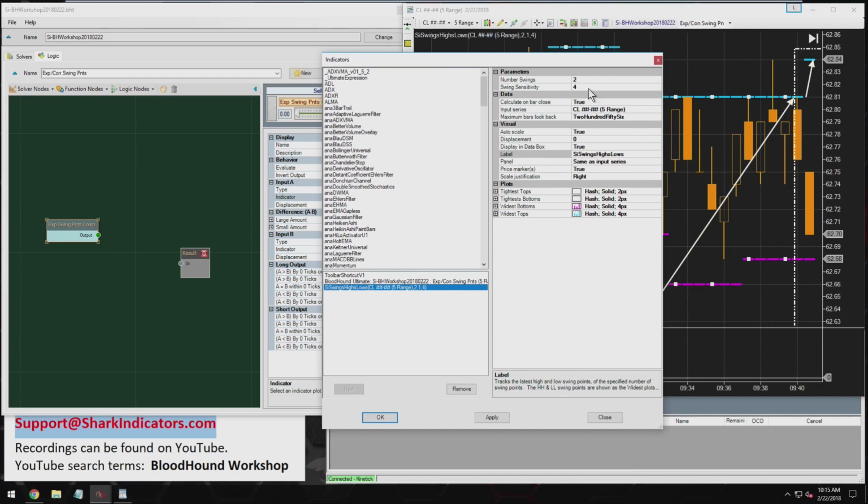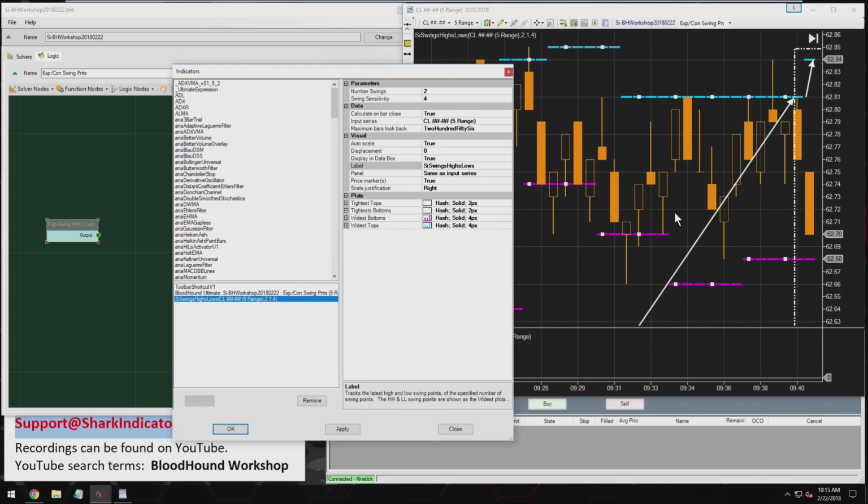This indicator is just identifying swing highs and swing lows. And the settings that Thomas was using are number of swings 2 and swing sensitivity of 4. And the two plots that we're using are the widest bottoms and the widest tops plot.